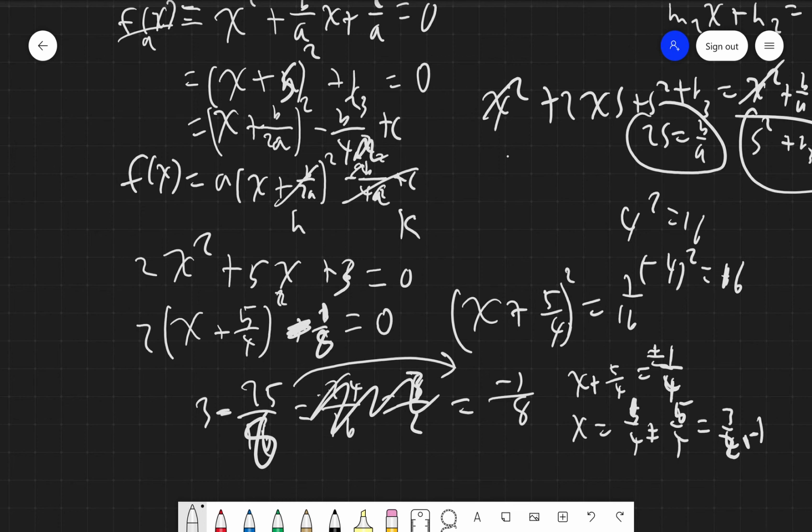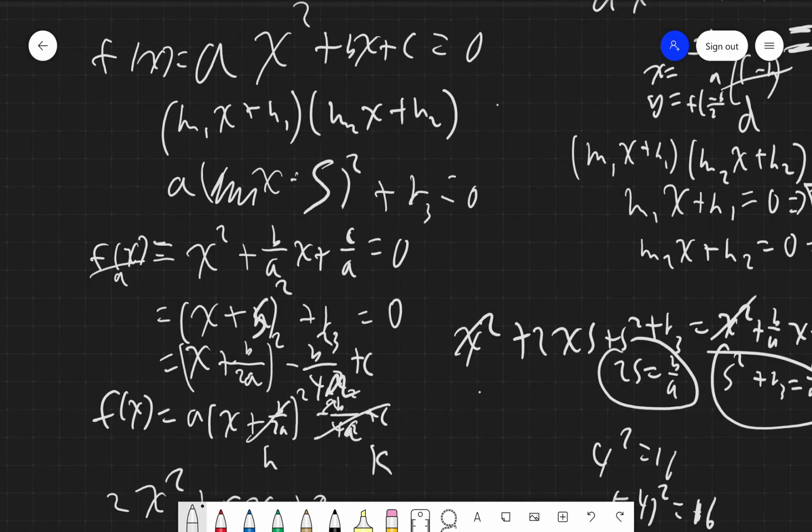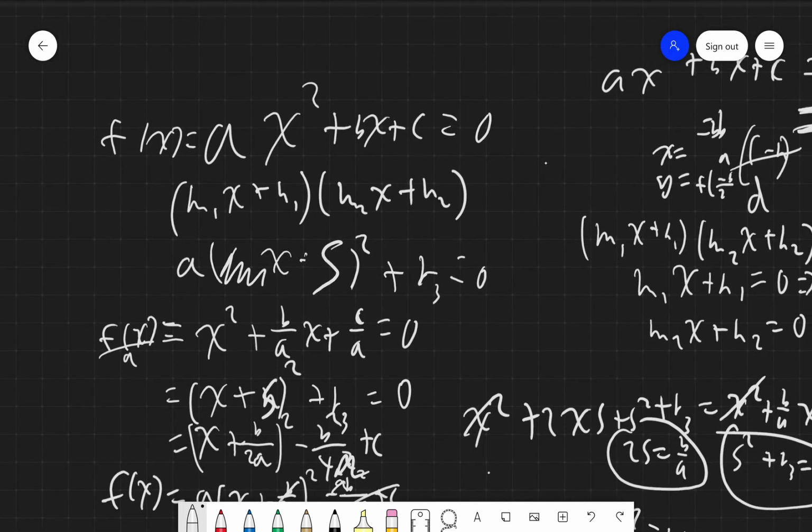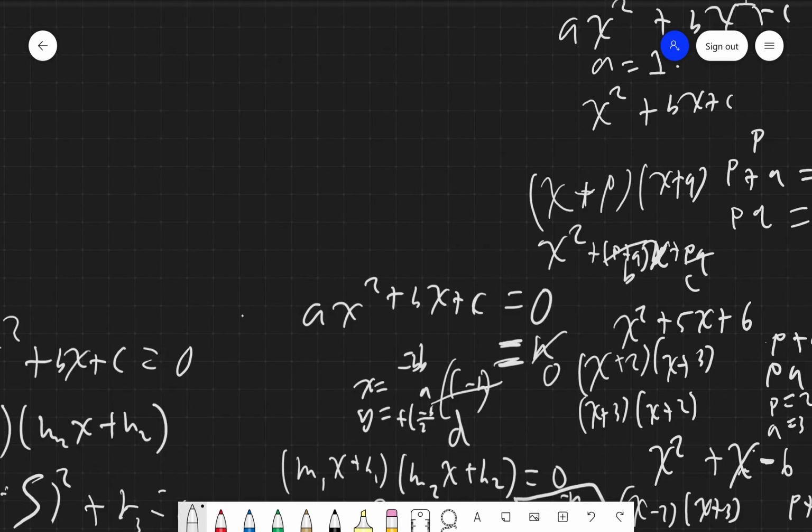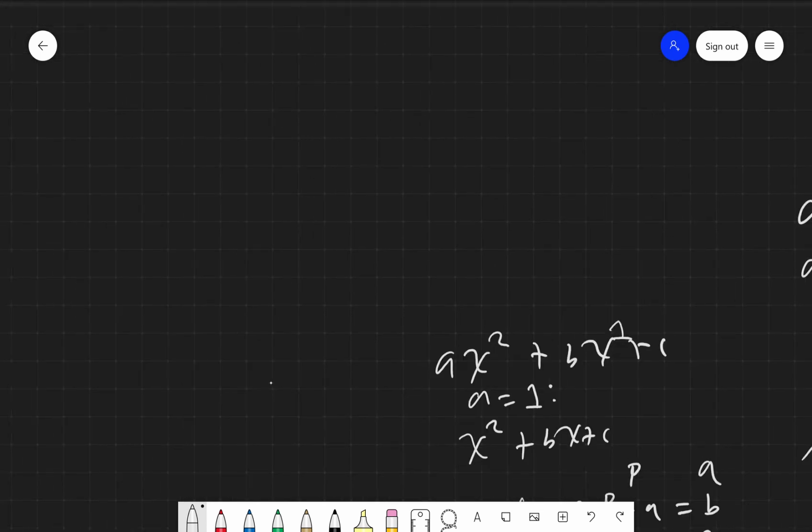Now we're going to talk a bit more in depth about max and min. And then soon we're going to get to the quadratic formula, which is the formula to solve any quadratic, because these methods take a while and might as well have a formula. The formula is hard to memorize at first, but after a while in high school, it typically just becomes muscle memory.